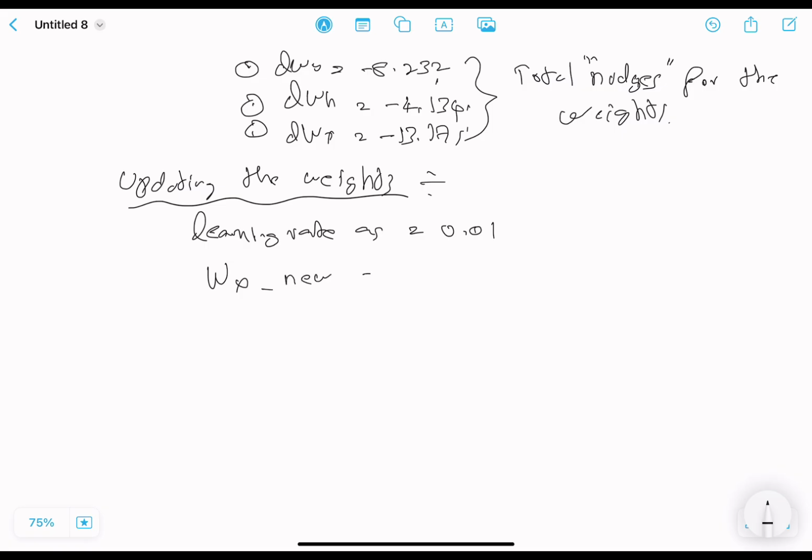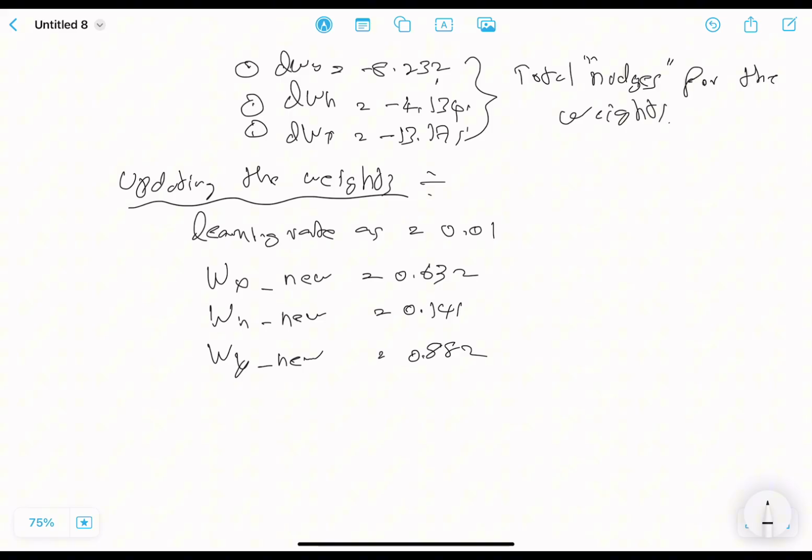Wx new weight is 0.632. Weight of hidden new will be 0.141. Weight of y new value will be 0.882. So now the model has slightly bigger weights, because the gradients were negative, meaning it will try to produce larger outputs next time, since the predictions were too small before.